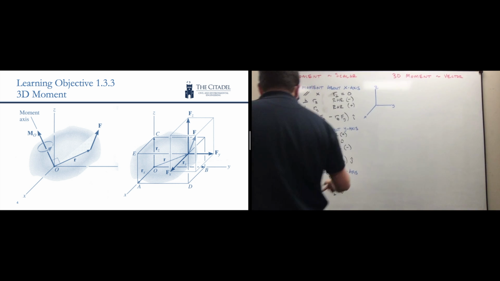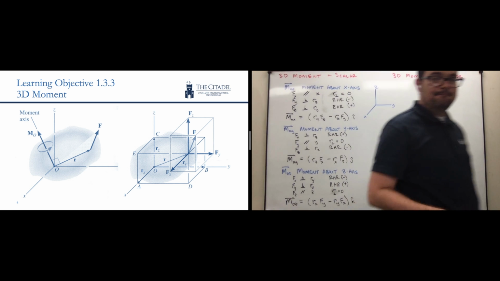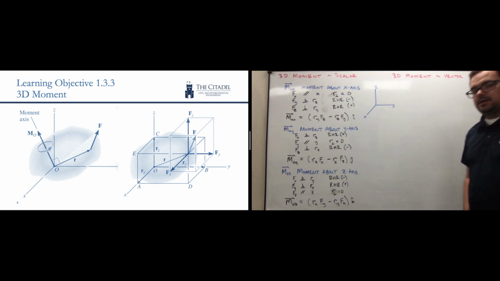All right, so we've done that. Finally, we can add up our terms here. And we would say moment about the z-axis is going to be equal to Rx times Fy minus Ry times Fx, and it's all pointed in the k direction. Now, you survived that.